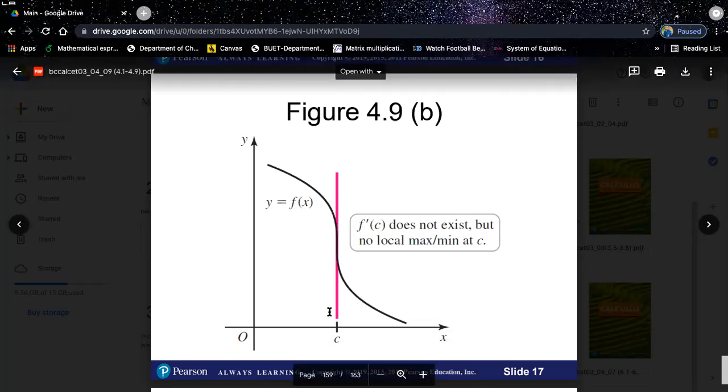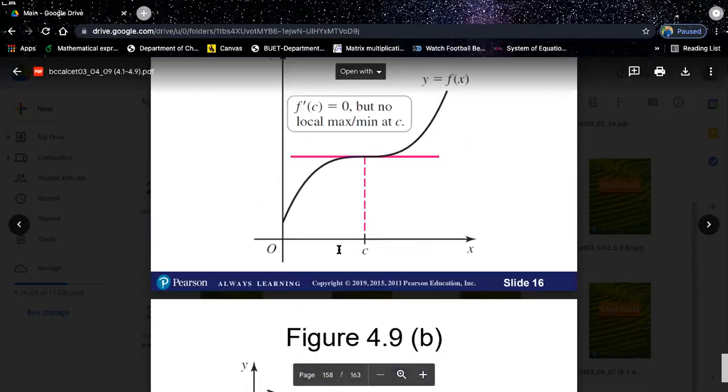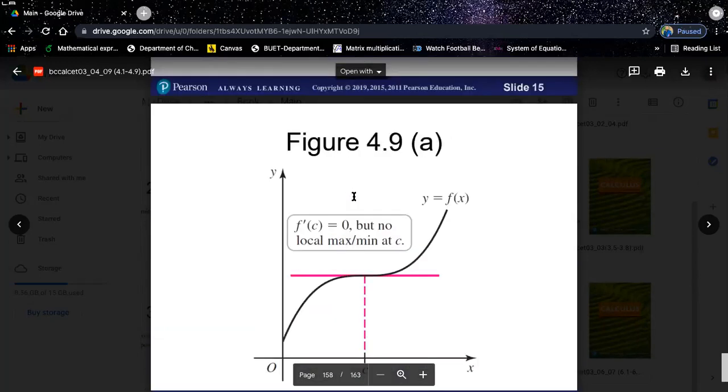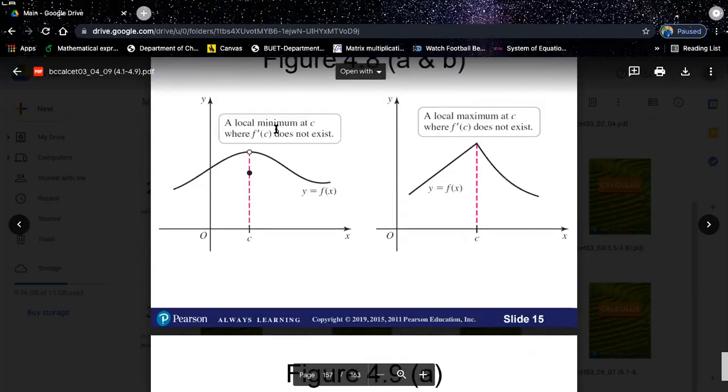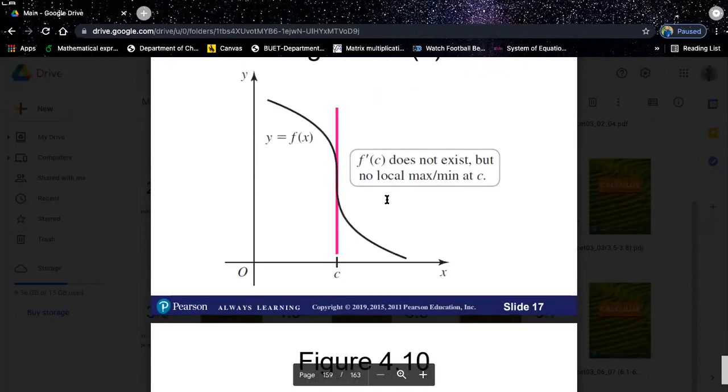So it's not really differentiable at this point, and it has neither a local min nor a local max. That could be another scenario, and you might see questions like this. You'll be given a graph and your 4 options could be this one, 2, 3, 4, and you need to pick the right option. Just eyeball the graph and see what's happening there.